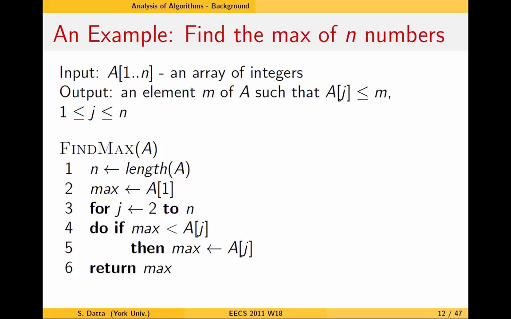Lines 3 through 5 sweep through the rest of the array from 2 to n, comparing each element with the max, and if it happens to be bigger, then max gets updated to that element. And finally, you return whatever is in max. Nothing of any difficulty in the algorithm.